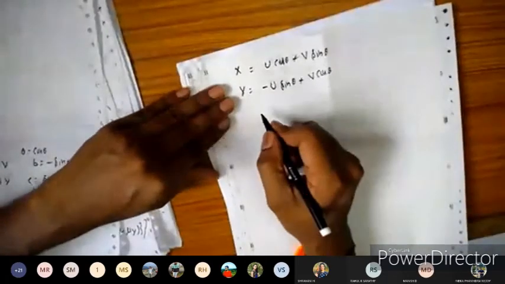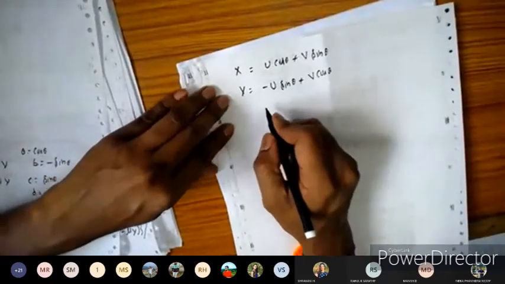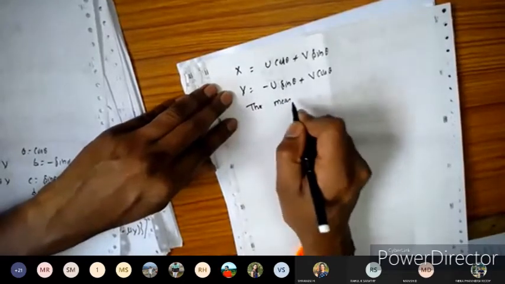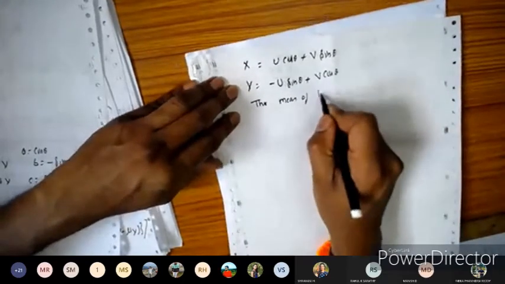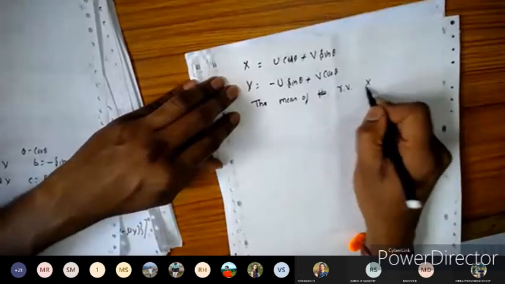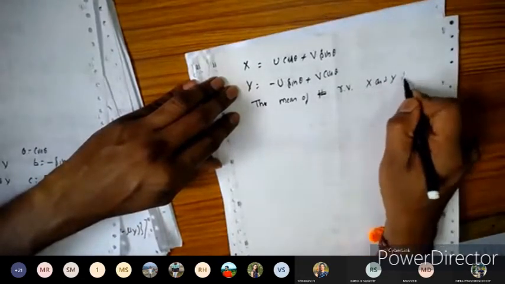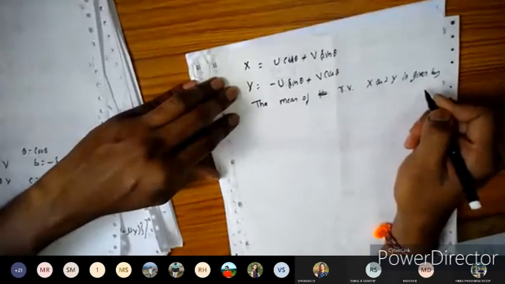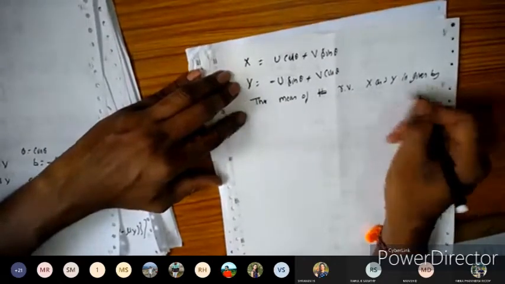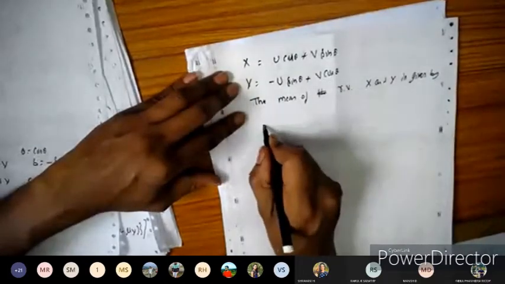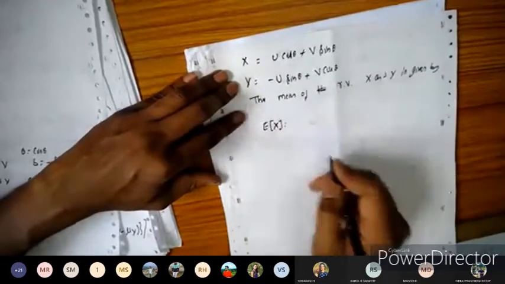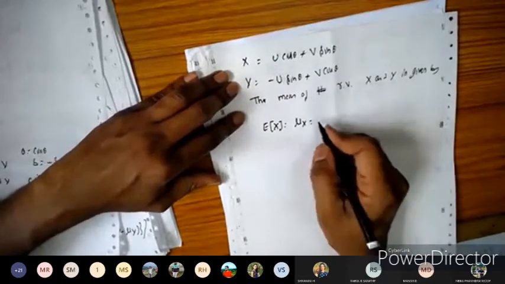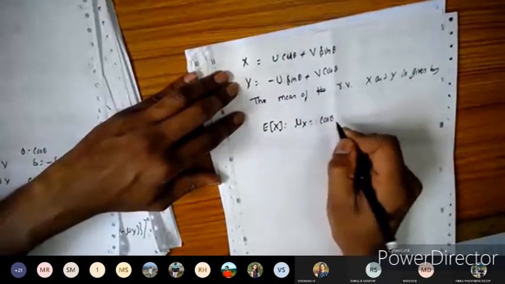So we can take the mean of the random variable x and y. The mean of this one is nothing but the expected value of x, which will become mu x, and mu u we know already.